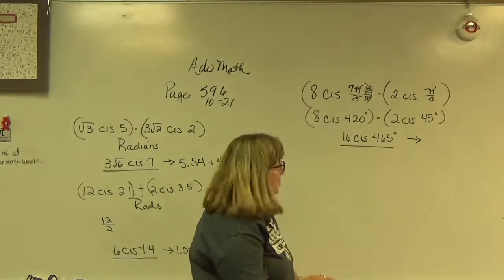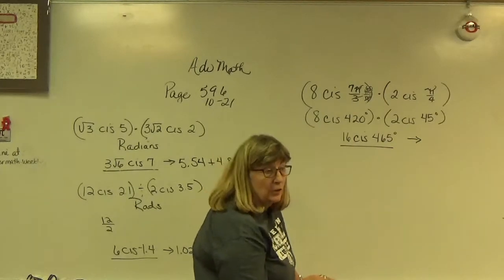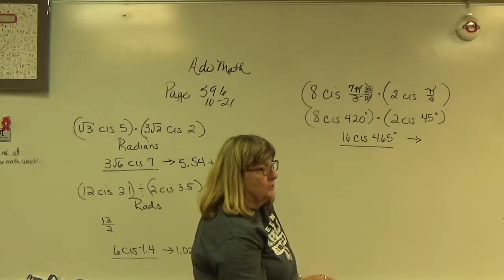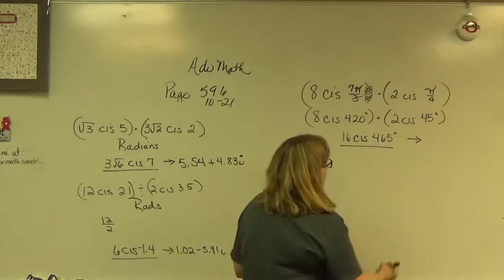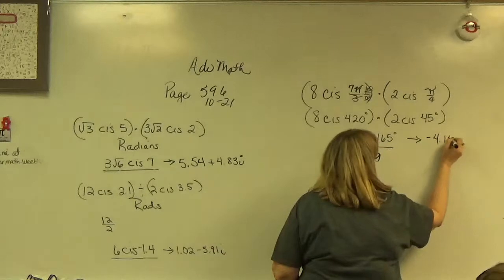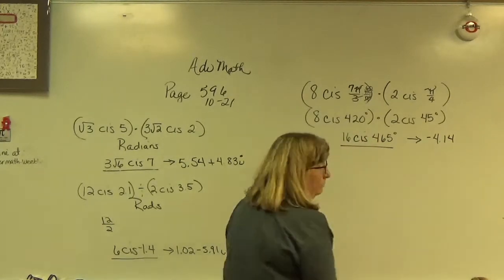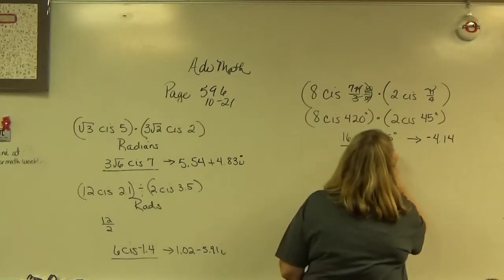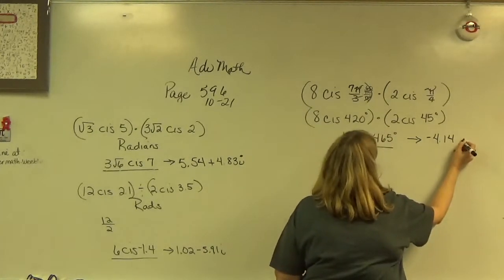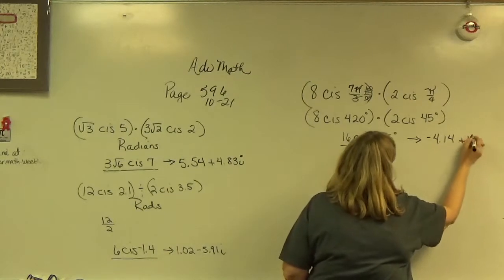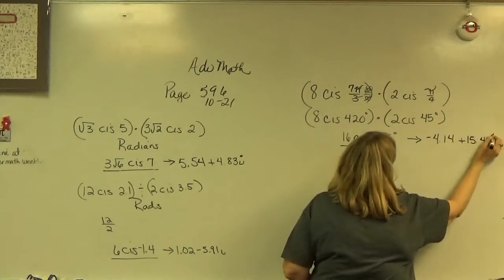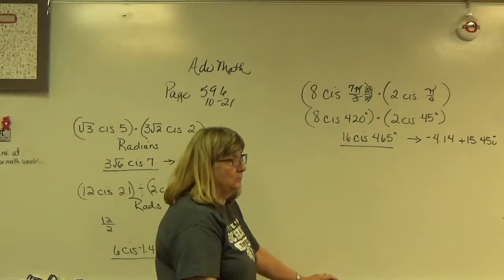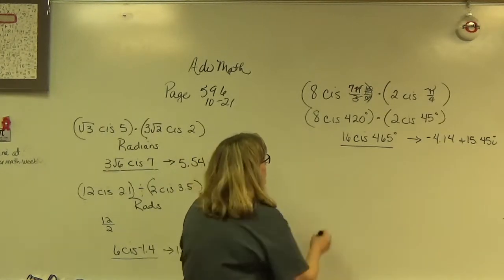Now to get the second answer, you need to go to your calculator, make sure it's in degrees. 16 times the cosine of 465, negative 4.14. And the next one, 15.45, positive. Does everybody concur on those values? Yep.